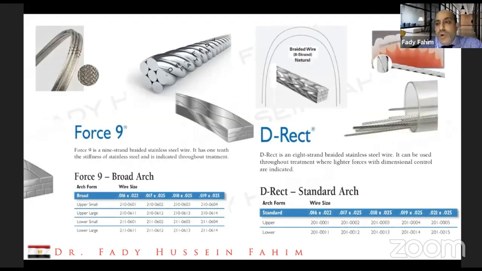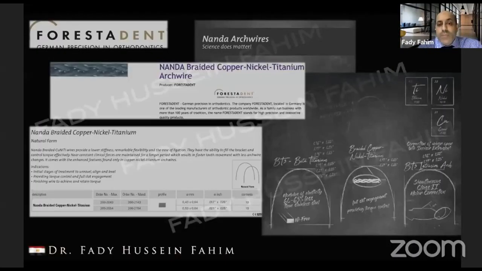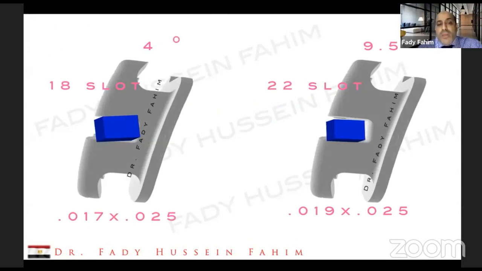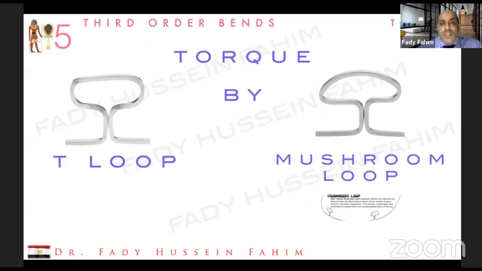And they are, of course, available from different companies, like the new braided copper tie Nanda ones, and so on. And that's why the 18 slot users are always proud that they have minimal torque loss in their cases. Why? Because they have less torque play, even when using smaller rectangular archwire dimensions.